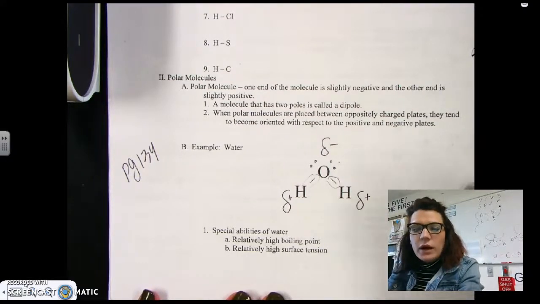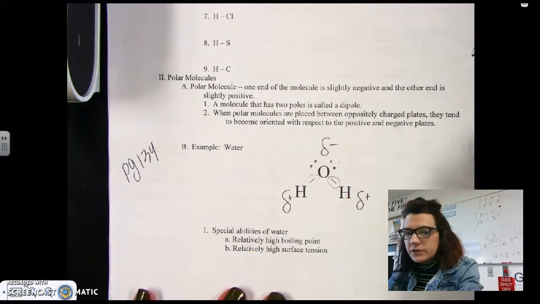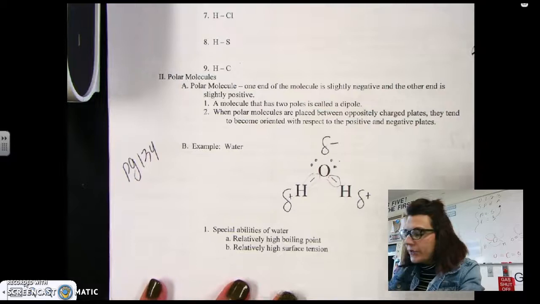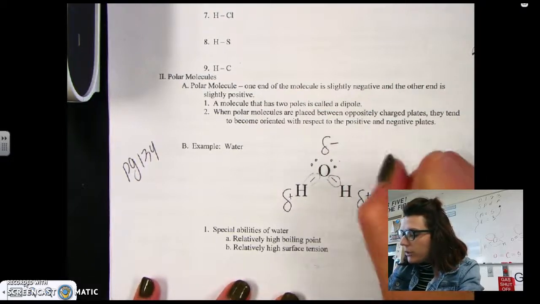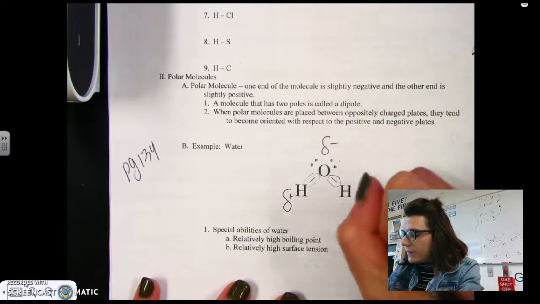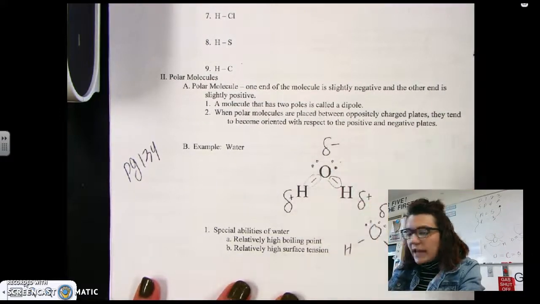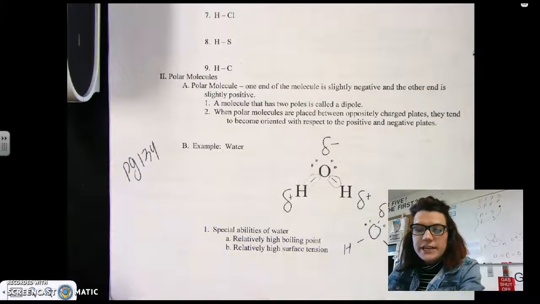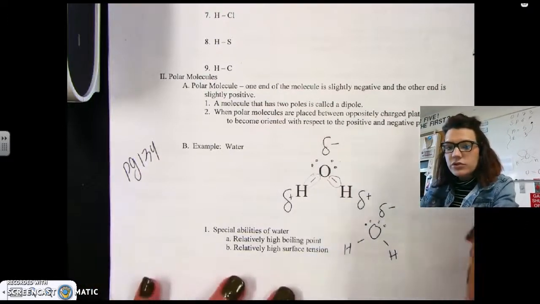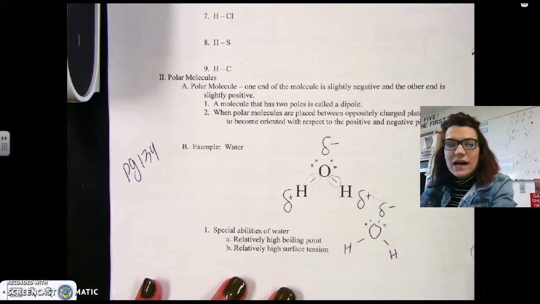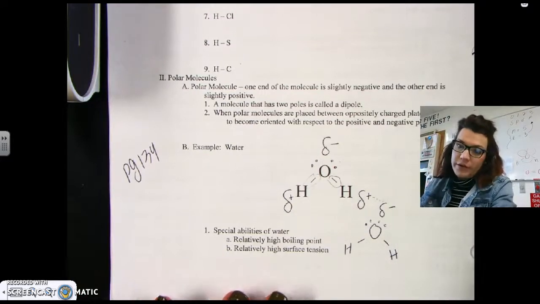Okay, and water is really special in this case because what happens when I have multiple water molecules together is the water molecules kind of orient themselves like this, where this partially negative oxygen is really interested in being close to the partially positive side of another water molecule, okay?